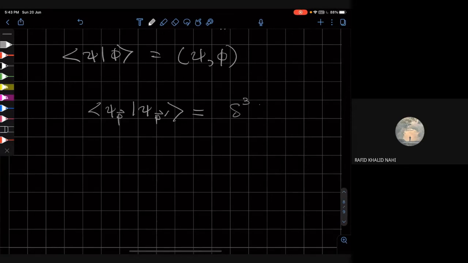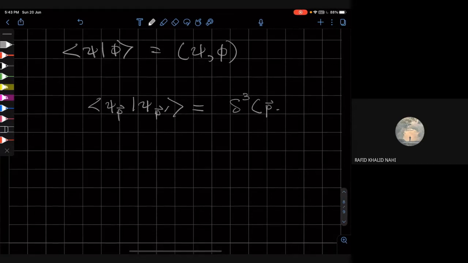But if p and p prime are the same, then it is given by the Dirac delta function. So this is the continuous analog of the stuff that we have been seeing before. For the discrete case, this is the Kronecker delta, here it is the Dirac delta function, okay?